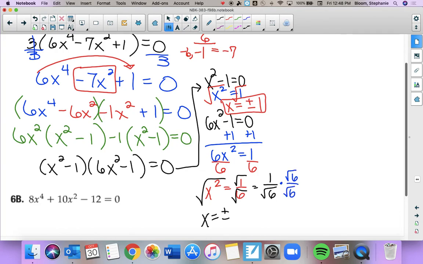Do you guys remember doing that? So then on top, I would get square root of 6. And then what is square root of 6 times square root of 6? 6. That's the whole point. It gets rid of that rad. So I have plus or minus rad 6 over 6.